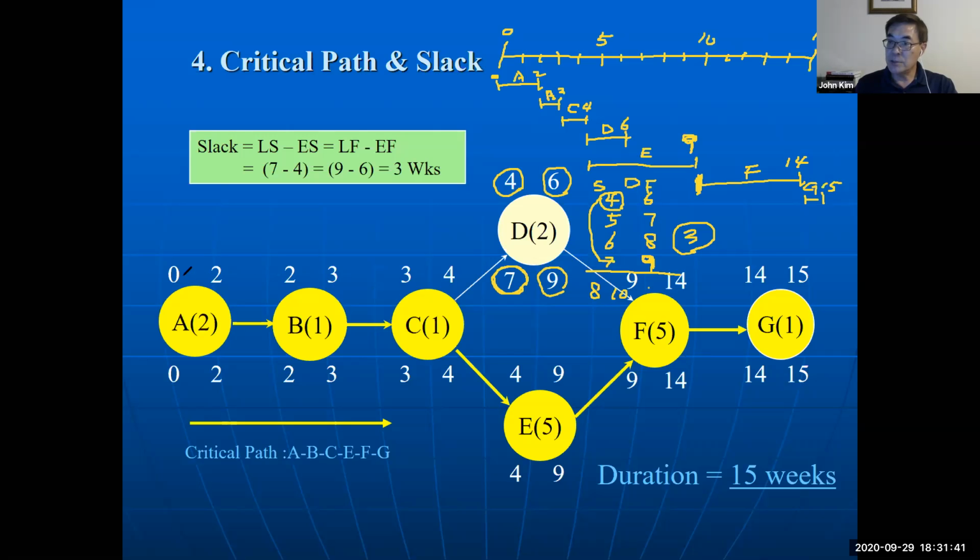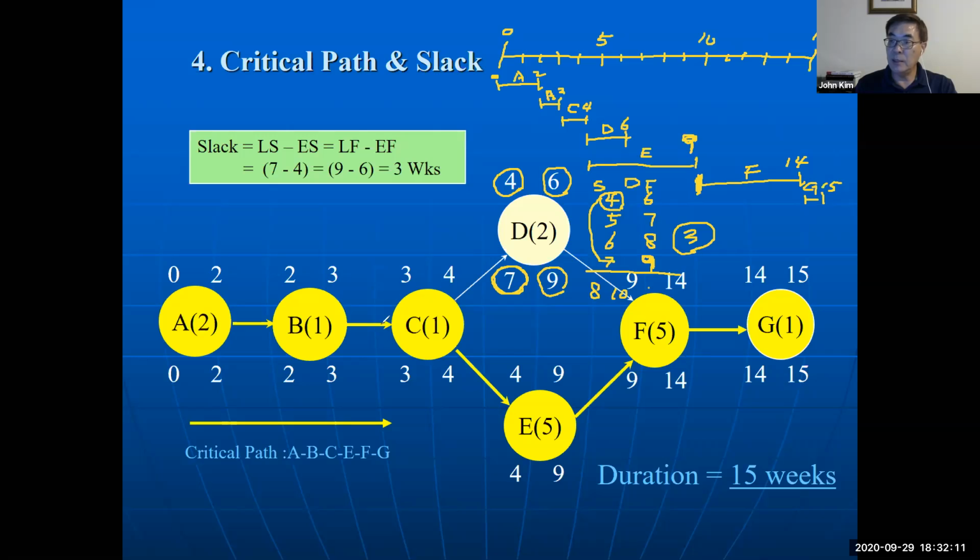But for the others, they are the same: 0, 0, 2, 2, 2, 2, 3, 3, like this. So activities A, B, C, E, F, G don't have slack, 0 slack. That means if the activity is delayed, then the entire project is delayed.